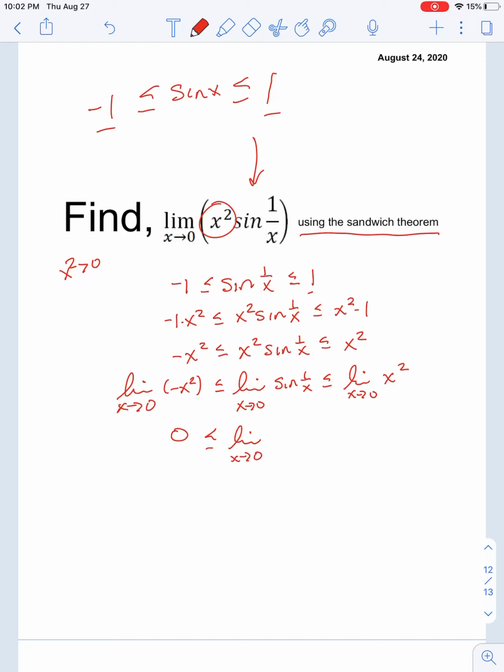There's supposed to be an x squared right there, I messed up.